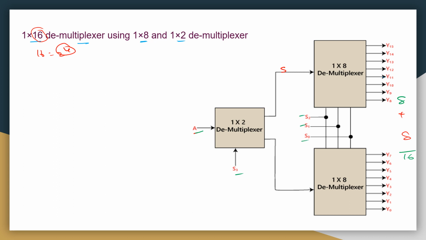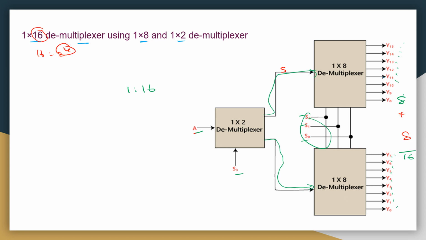Whenever S3 is 0, then the input is forwarded to here. Whenever S3 is 1, the input is forwarded to here. Next, based on these selection lines, the sequence will be selected. Now it is the concept of 1 is to 16 demultiplexer design by using 1 is to 8 and 1 is to 2.